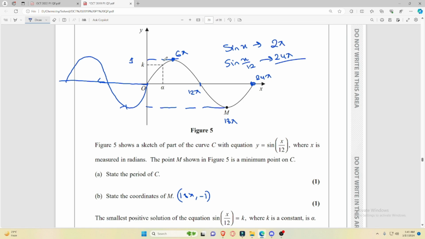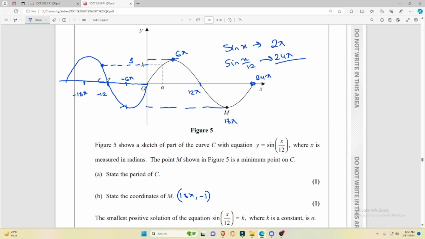So when the graph is equal to k, it means the line k is cutting at multiple points. So the first negative solution will be somewhere here, and I know that sine graph is symmetrical. So if this is 6 pi, this will be -6 pi, and this will be -12 pi, and this maximum point will be -18 pi.